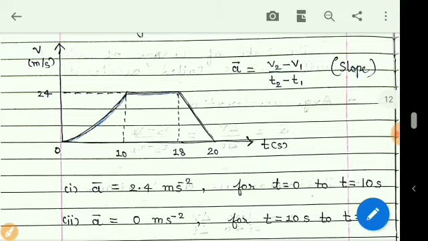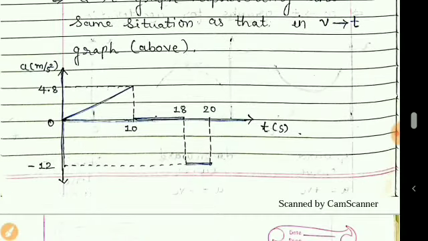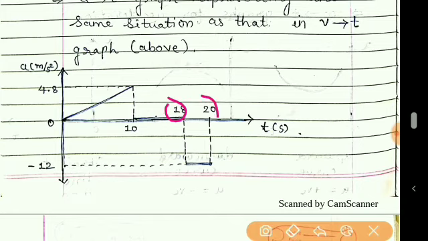And how much did we obtain that acceleration? We obtained that as -12, constant. And so here also from 18 to 20, it is a horizontal line on the graph, and that represents -12. So this -12 is acceleration, which is constant.